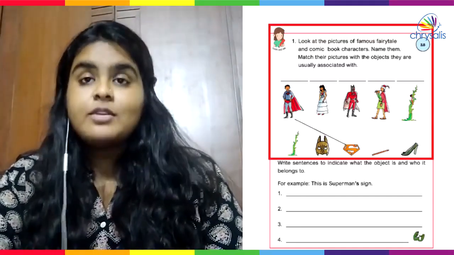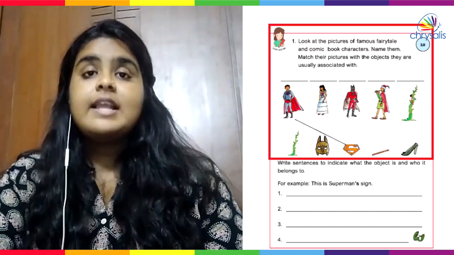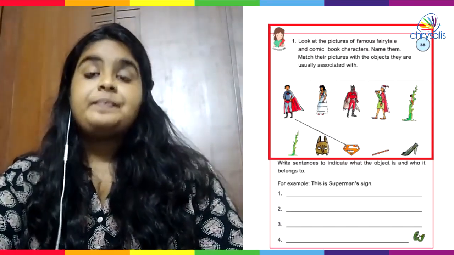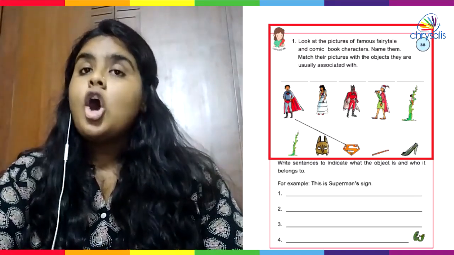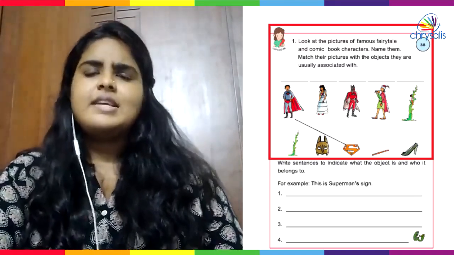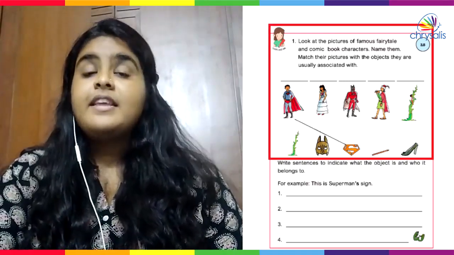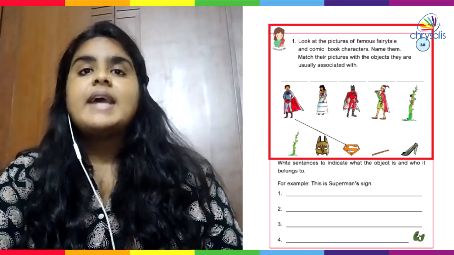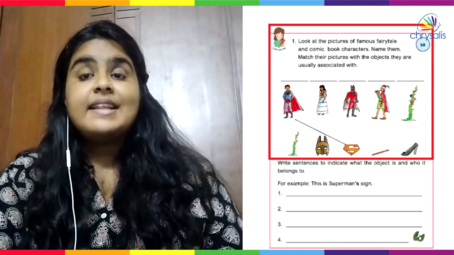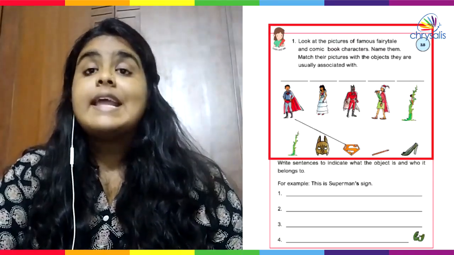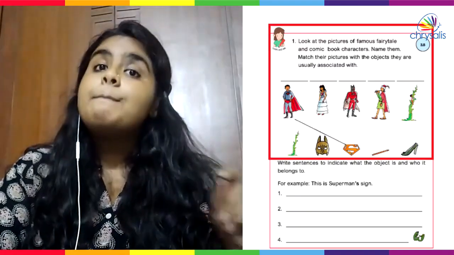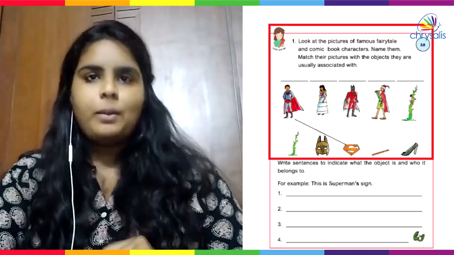Look at the pictures of famous fairy tale and comic book characters. Name them. Match their pictures with the objects that they are usually associated with. Given here are a few comic book characters and the objects that they have in the story. You will have to first name them and then match their pictures with the objects.